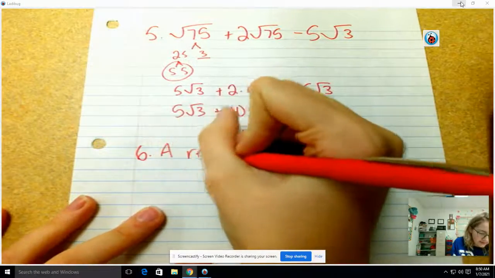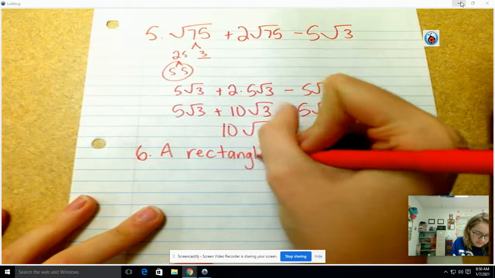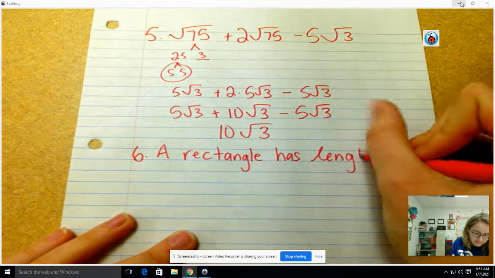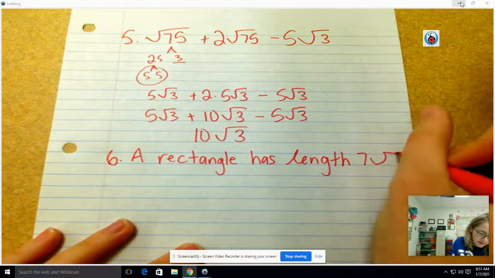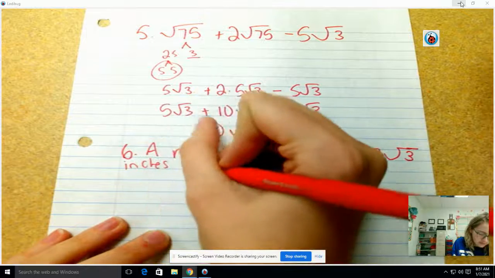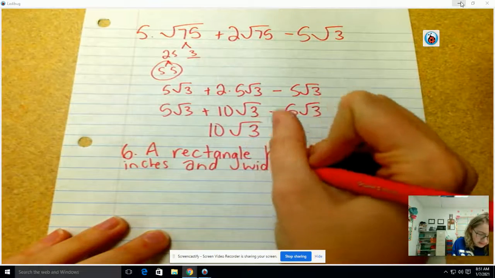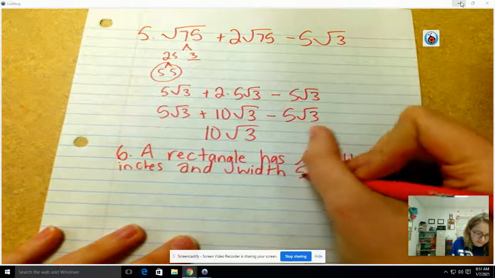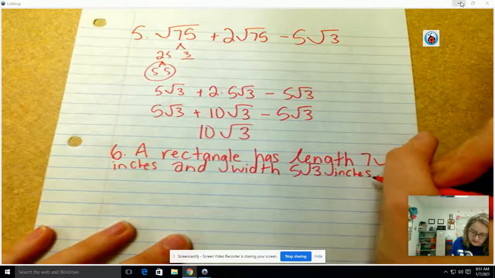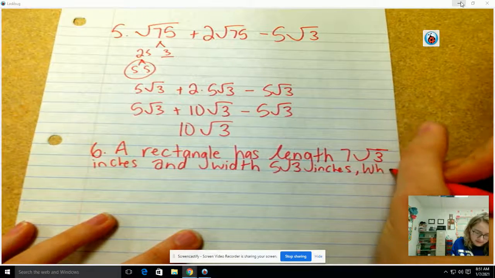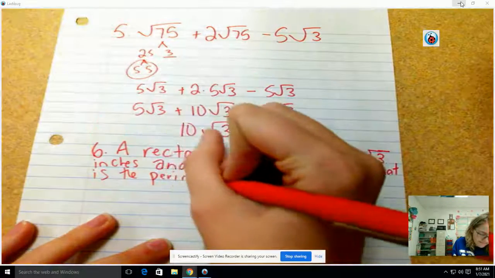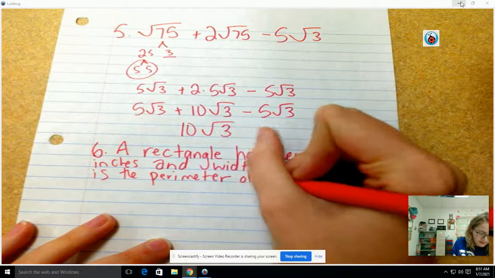If a rectangle has length 7 radical 3 inches and width 5 radical 3 inches. What is the perimeter of the rectangle?